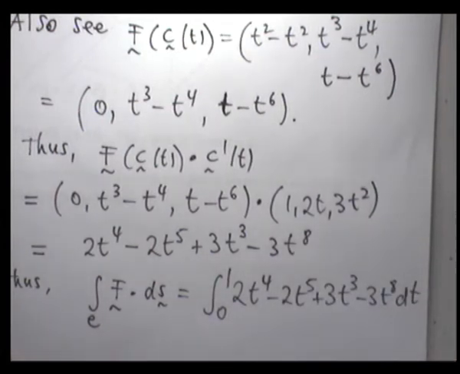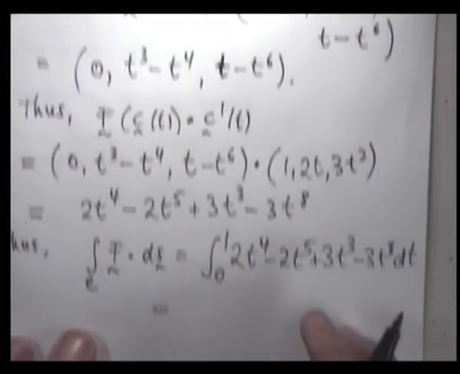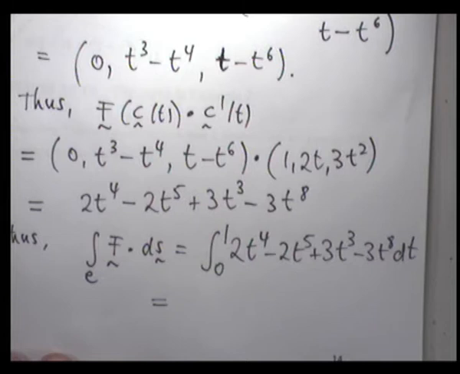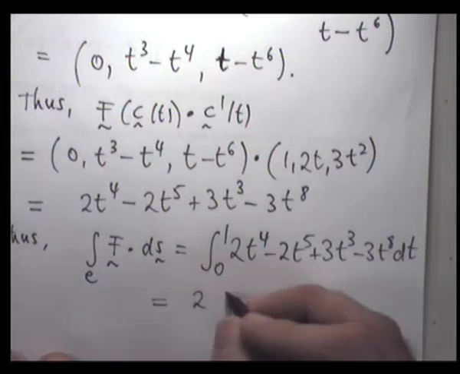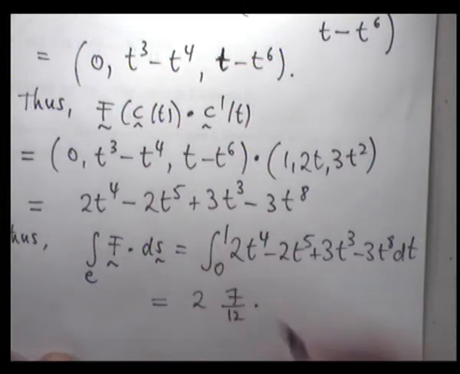Okay, so easy integration. Integrate with respect to t. You can just do that in a fairly easy way. And you get 2 and 7/12. So the actual computation of a line integral is not that difficult because you reduce it through a parameterization down to an integral that you already know. Okay?